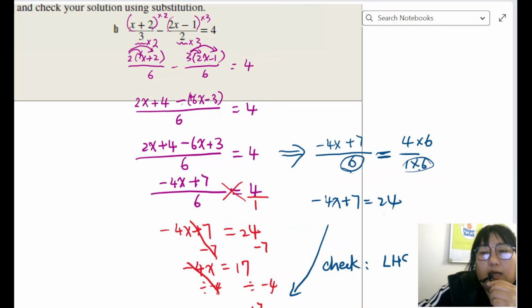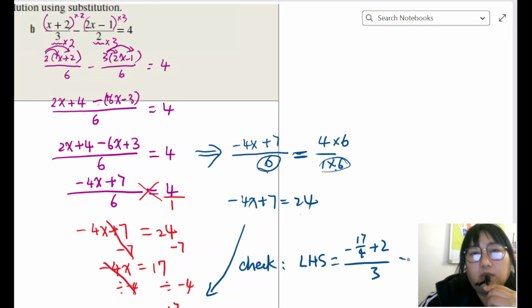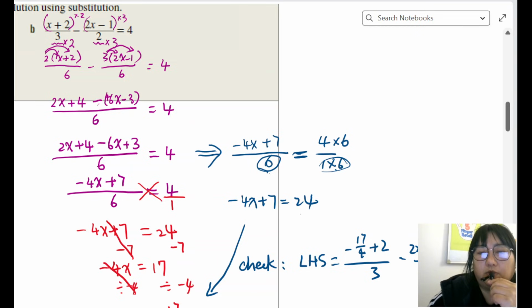So the left hand side will be x plus 2, so negative 17 over 4 plus 2 over 3. And then take 2 lots of x, 2 times negative 17 over 4, take 1. And then we can continue.